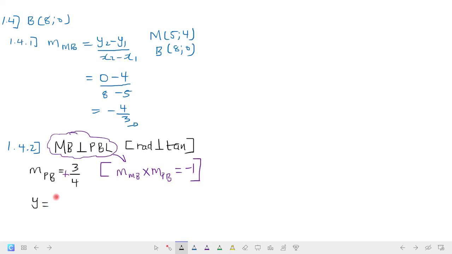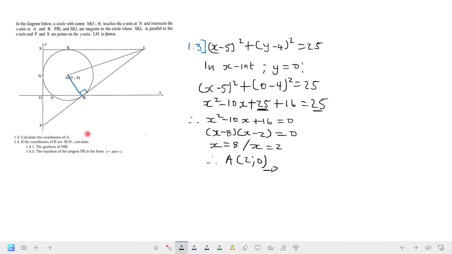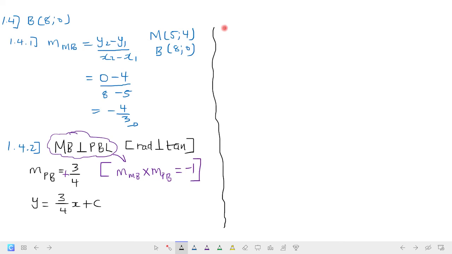Now that I have my gradient, my equation is going to be y equals 3 over 4x plus c. What do I need now? I need a point. I already have the point B, so I'm going to use B, which is (8; 0).